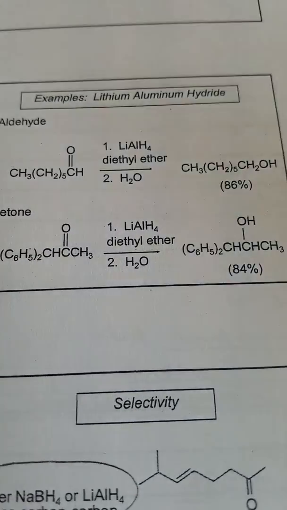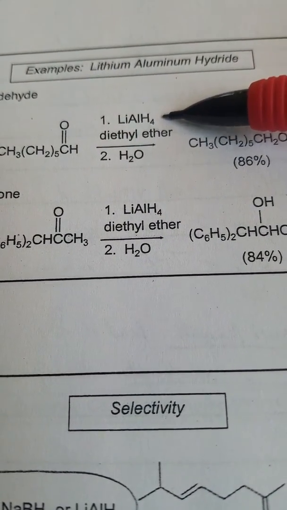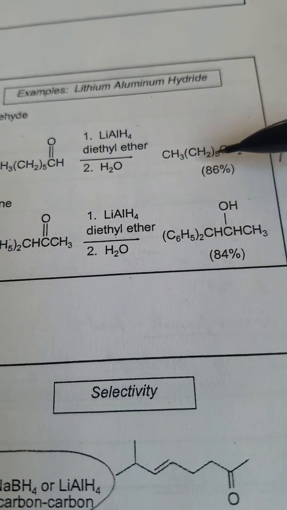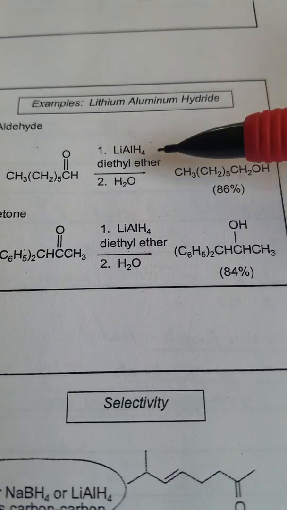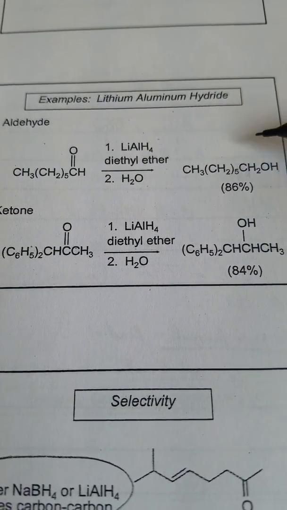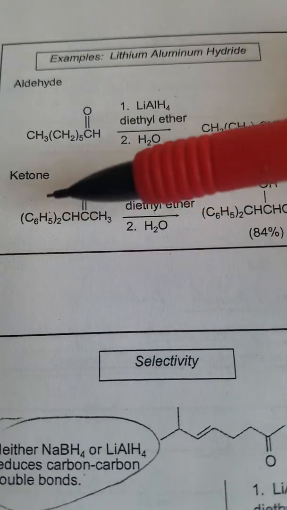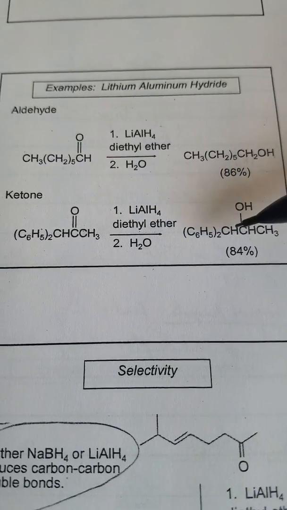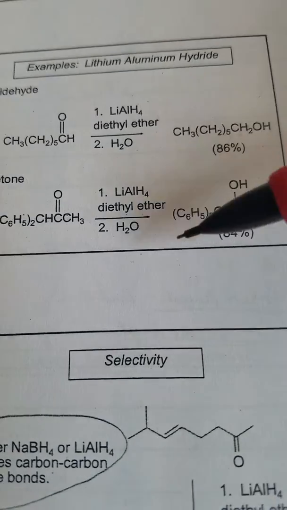So in this particular case, if we start off with the aldehyde, we're going to use our lithium aluminum hydride, diethyl ether. That hydrogen is going to link up to this carbon, the carbonyl carbon. The water is going to provide the hydrogen to make the OH group. Since we started with the aldehyde, you're going to make a primary alcohol. Ketone, same thing. This provides the hydrogen for the carbonyl carbon. This provides the hydrogen for the OH group. Make a secondary alcohol.